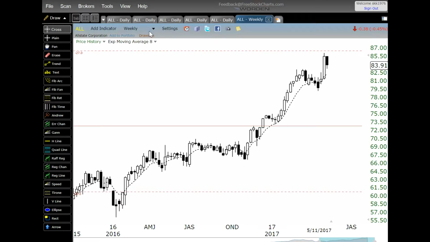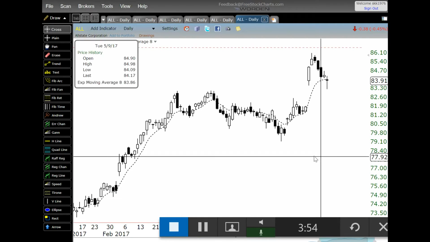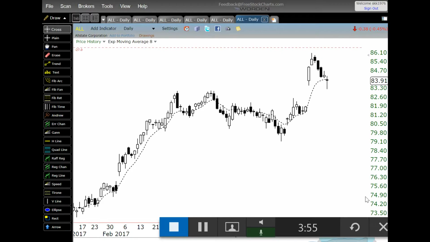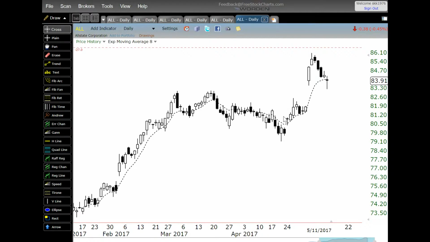So let me go down to a daily chart. All right, so right now I'm in the daily chart of Allstate Corporation stock. You can see that the price went up. Let me take the pen.